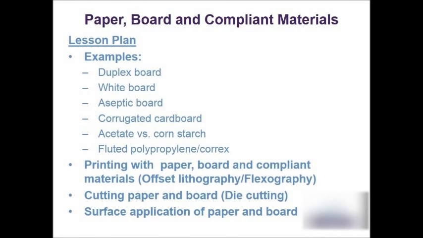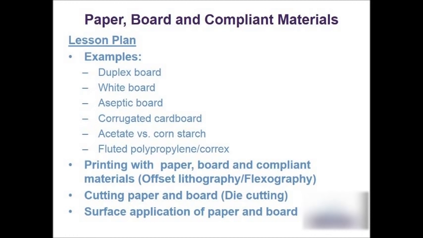This means that it's actually quite a lot harder to recycle. Now, it is recyclable, however, it does mean that you have to separate out those different components for it to be able to be recycled. Now, they use duplex board again in aseptic board because it's nice and easy to print on with offset lithography.